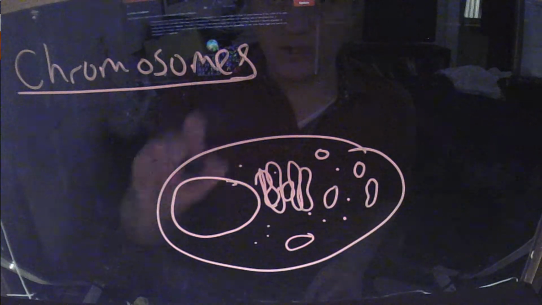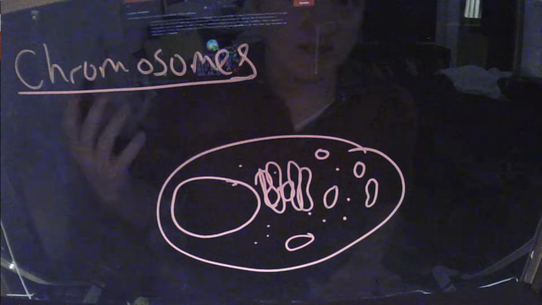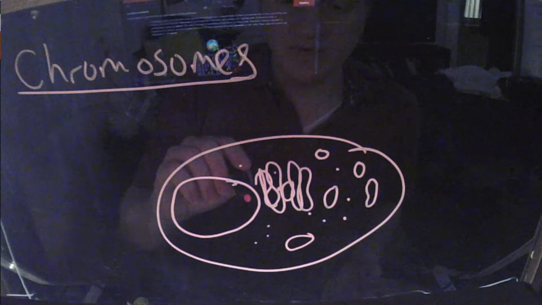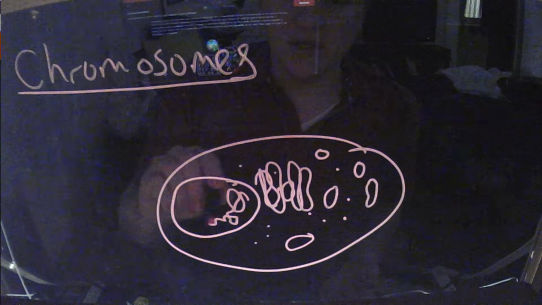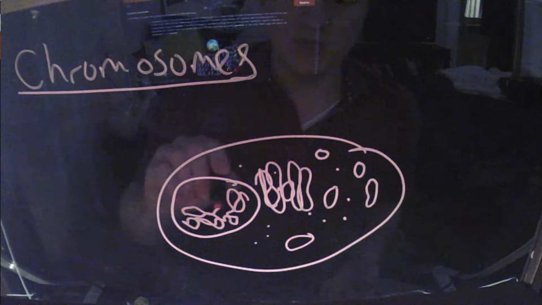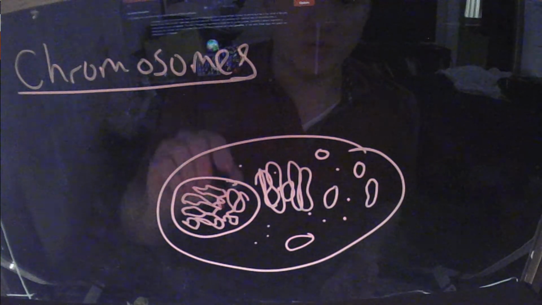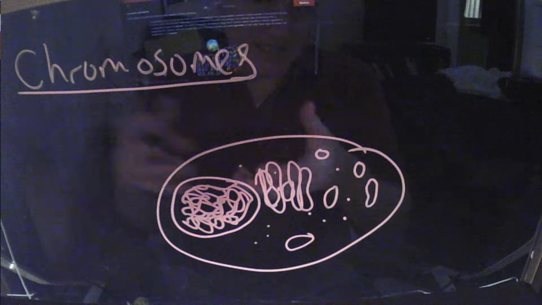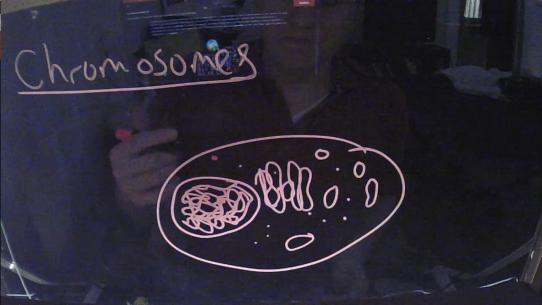So here's the nucleus right here. And what's inside the nucleus? Hopefully you're aware that inside the nucleus is a whole bunch of DNA. Normally the DNA inside of your cell spends its time unspooled, just loosely sitting inside of the nucleus.